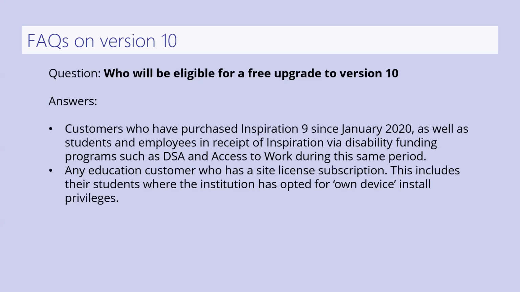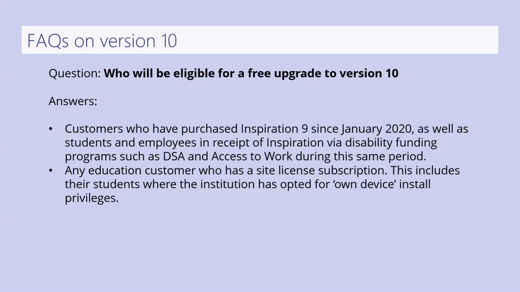Also, any customer who has purchased a site license subscription this year is also eligible for a free upgrade to version 10. Those particular customers have been notified that they can go to that next version. So it's the site licenses where you pay annually for it.